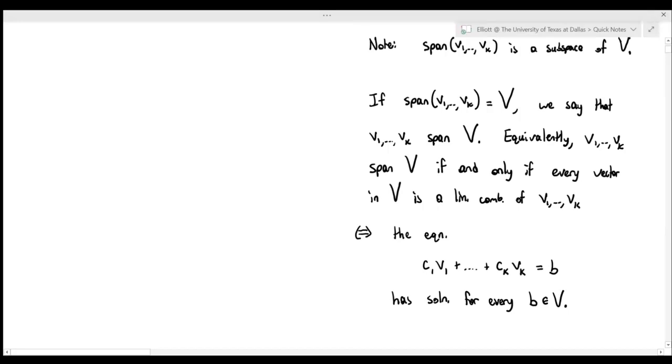So saying that every vector in V is a linear combination of them would be the same as saying that this equation will have a solution for every vector B.